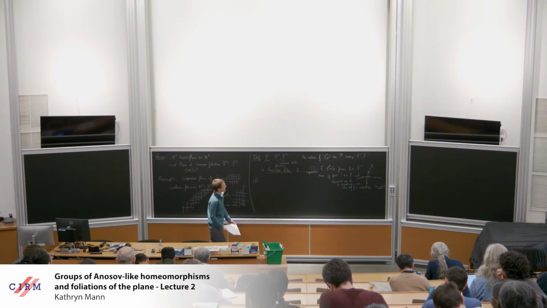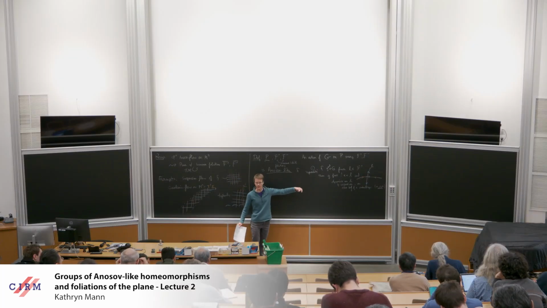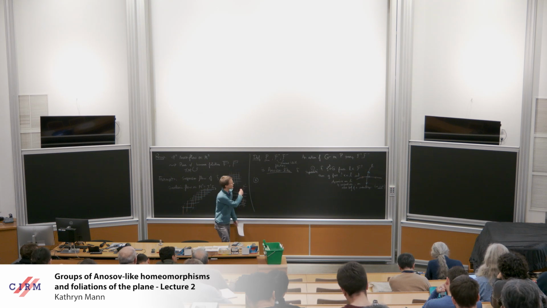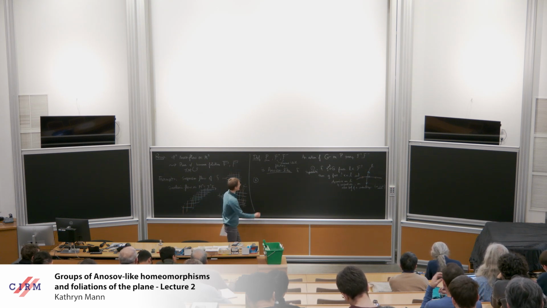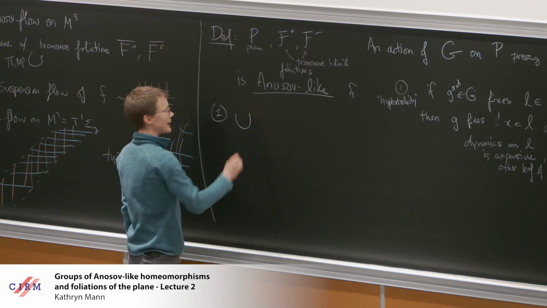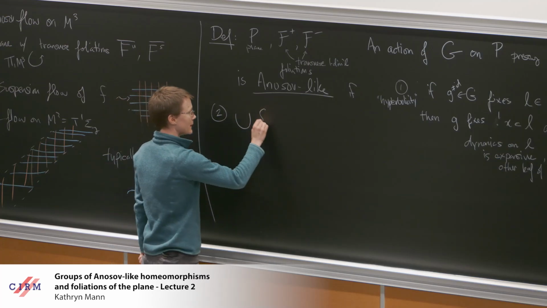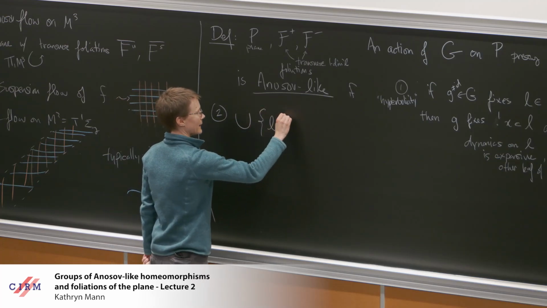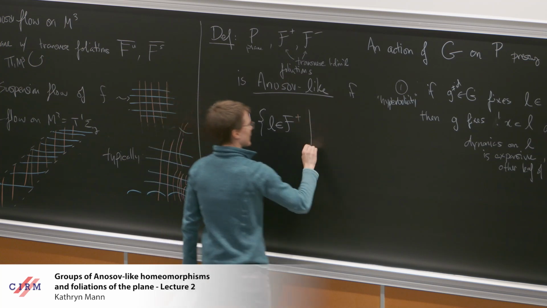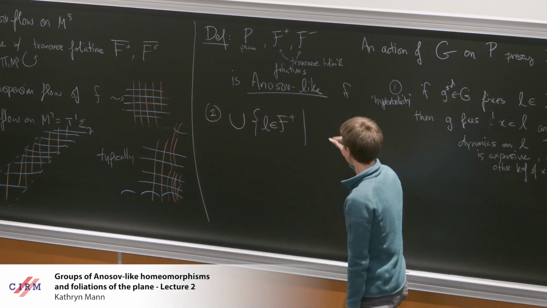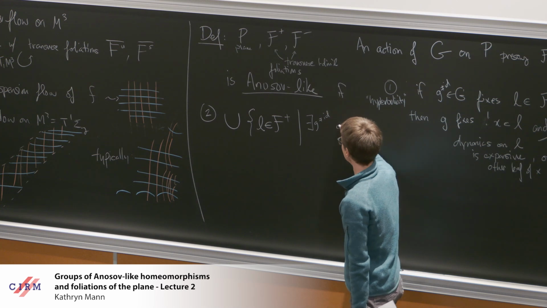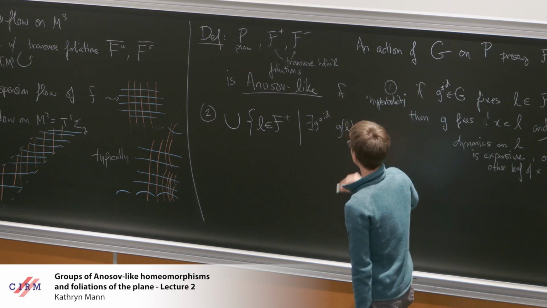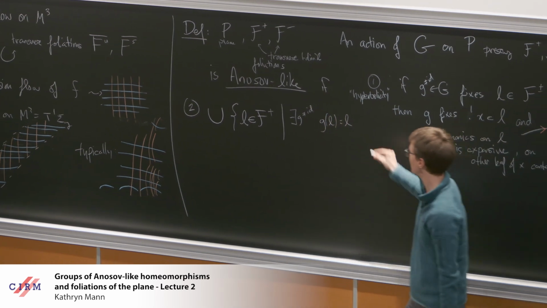Second point is I want hyperbolicity to happen all over the place. All right, so this is some hyperbolicity everywhere. More precisely, if I take the union of all leaves of one foliation, so L in F plus, such that this picture happens, there exists some non-trivial G that fixes the leaf, that preserves the leaf.